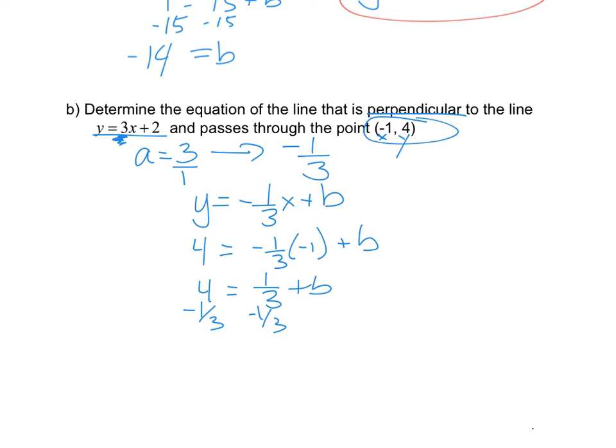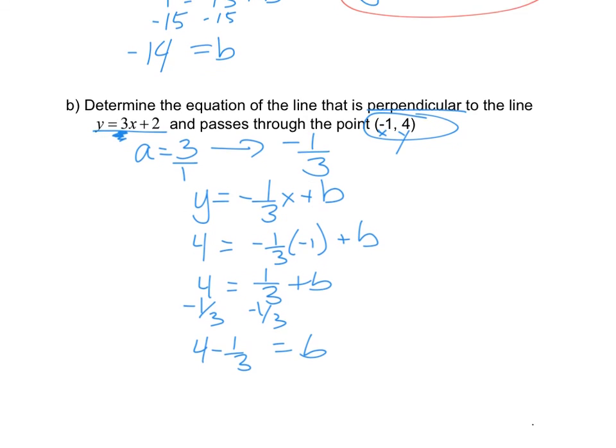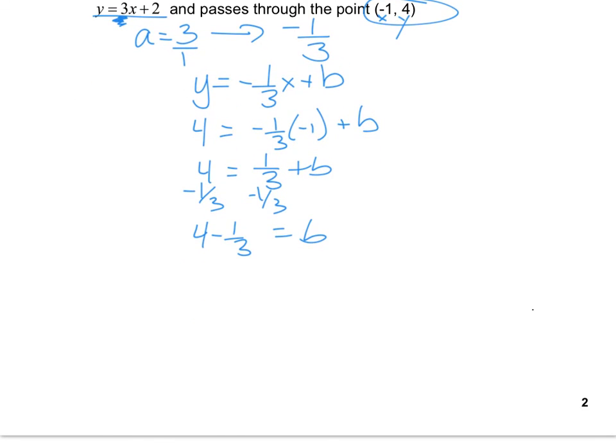So I end up with 4 minus 1/3. Well, 4 minus 1/3, you could do this as a decimal if you'd like. You can leave it as a fraction as well using a common denominator. And we get b is 11 over 3. So now all I have to do is write the equation of the line. y equals -1 over 3 x plus 11 over 3.